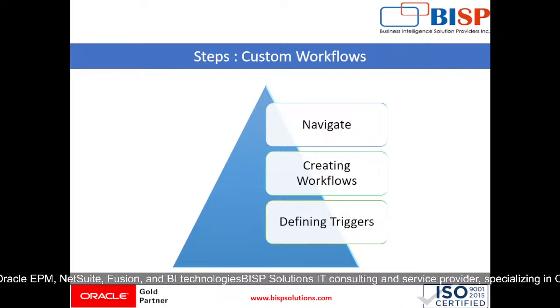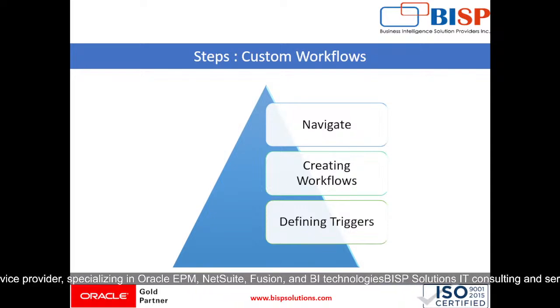Then we will be creating workflows that can automate tasks like sending approval requests, updating fields, or creating records based on user action. For example, when a sales order is approved, update the shipping status.